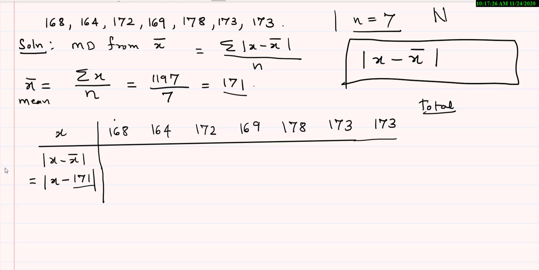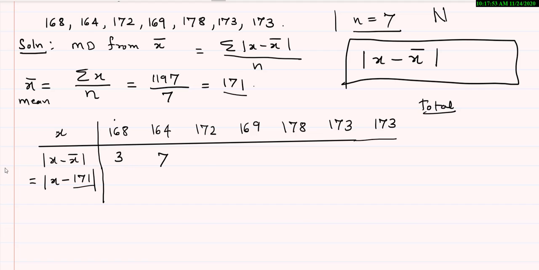That is the rule. So when I take 168, the difference is 3. You can see 168 minus 171 is actually minus 3, but when I am taking the modulus, in simple language, it means forget the negative sign. Understood?